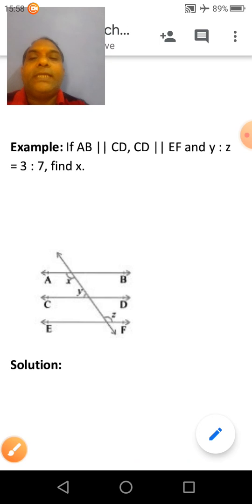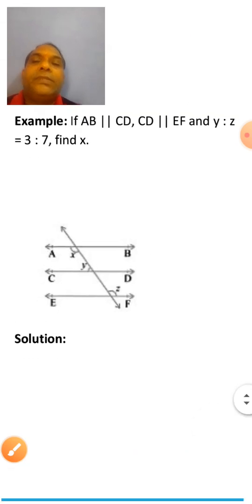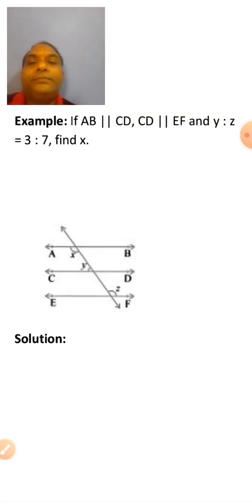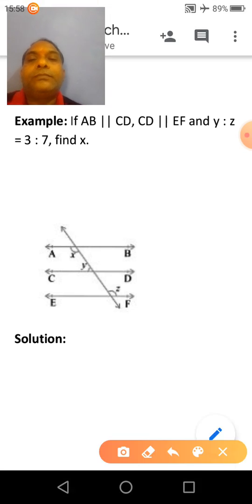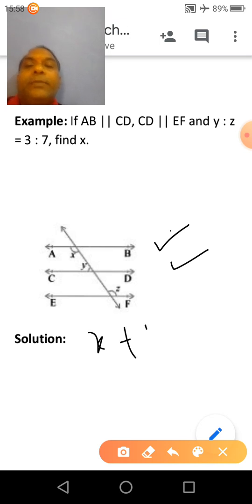So see here, because AB is parallel to CD, therefore angle X plus angle Y, X plus Y will be 180 degrees.